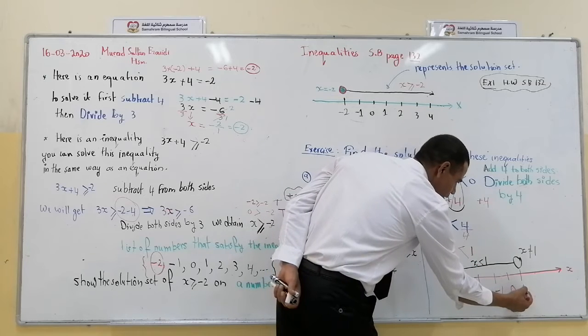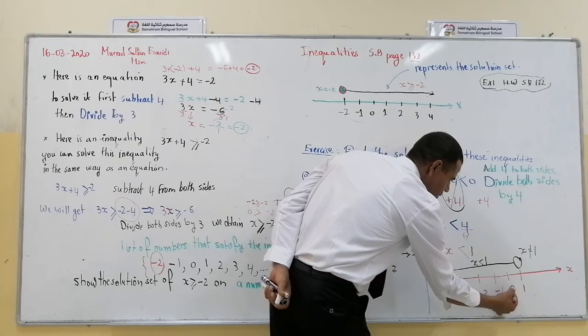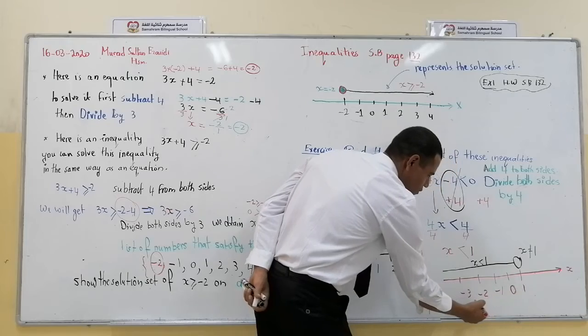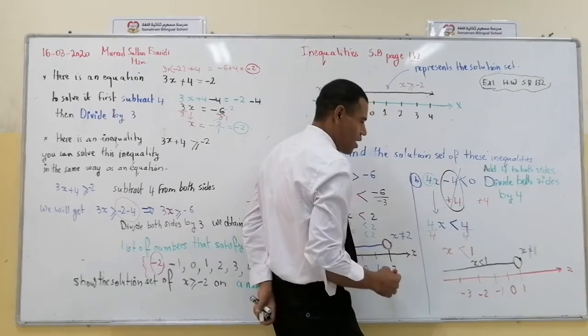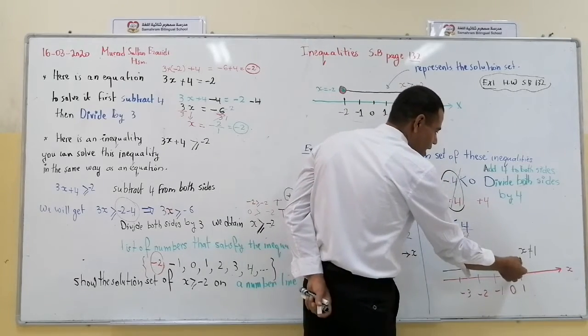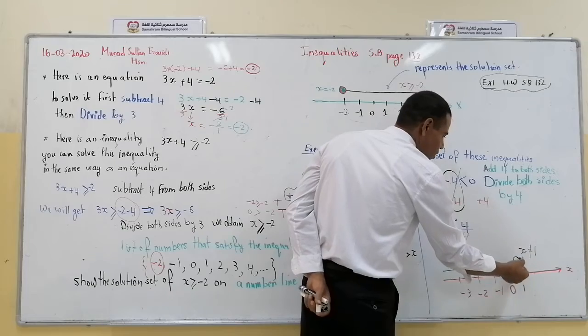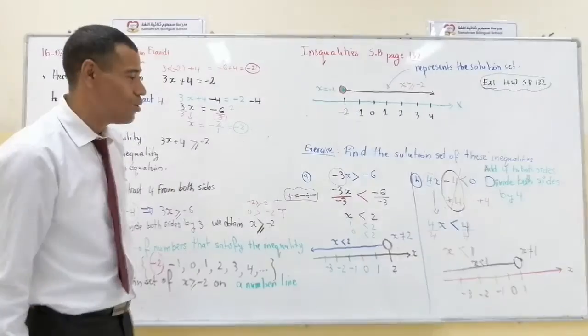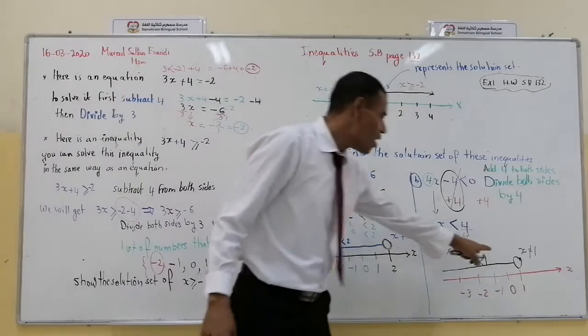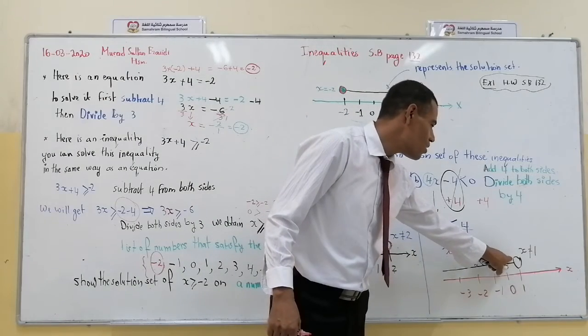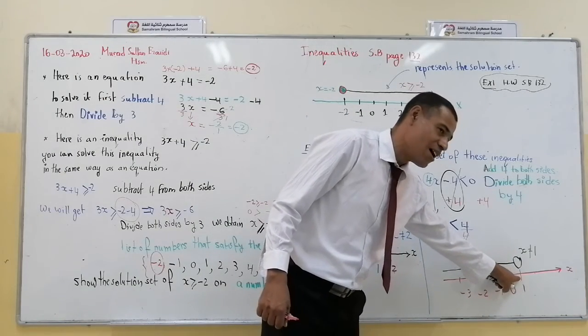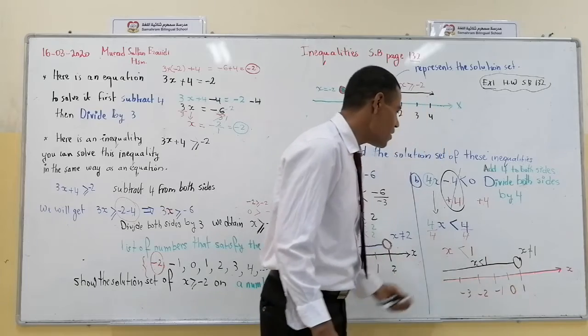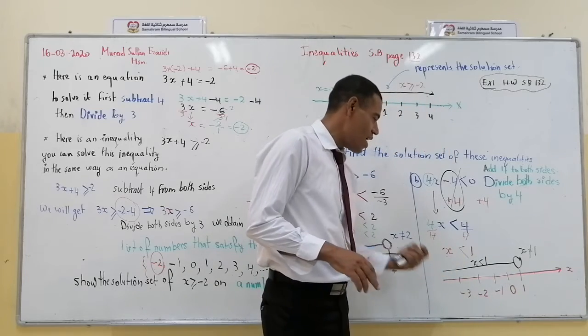I will write here 1, then 0, then negative 1, negative 2, negative 3, and so on. But here, I will use an open circle to tell that x can never be equal to 1. That's why I should draw an open circle at the x value, x equal 1. Then x is less than 1.